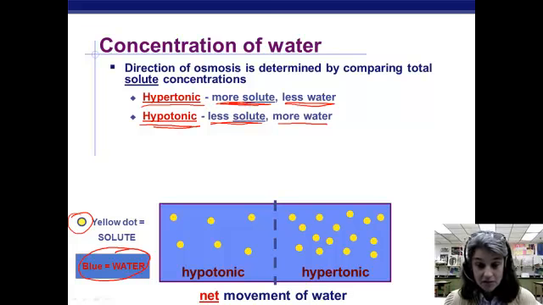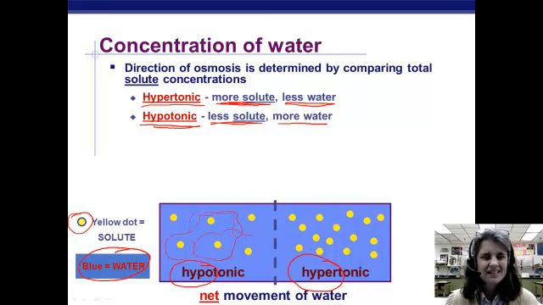I've got lots and lots of solute dissolved in that. Okay, whereas over here there's less solute, which means, as you can see, there's more pure water in between the molecules. Okay, so hypertonic means that I have lots of solute and therefore less water. Hypotonic means there is less solute and therefore more water.